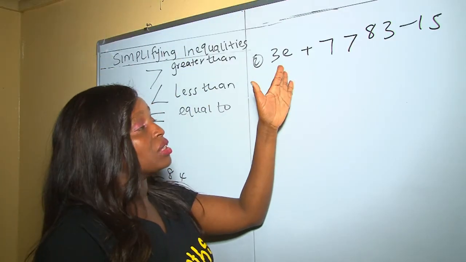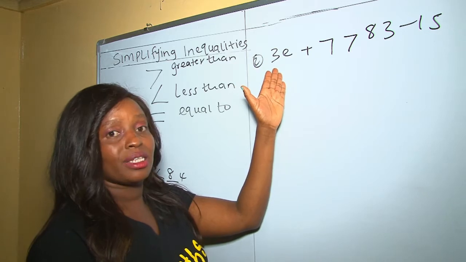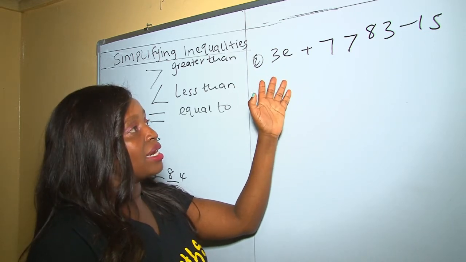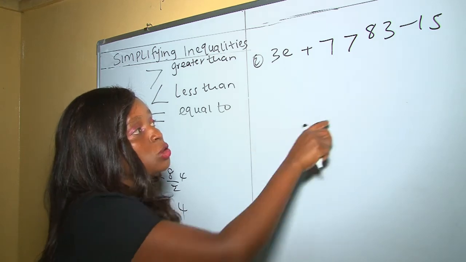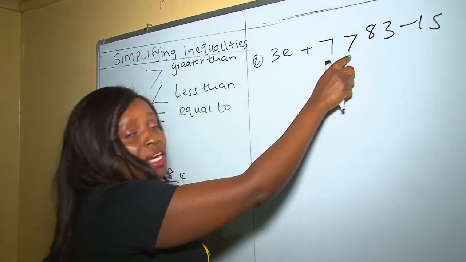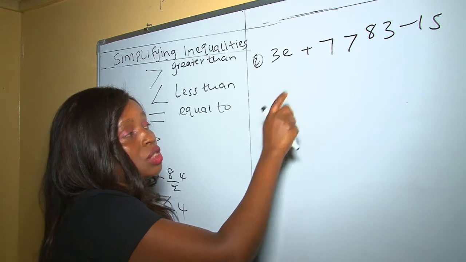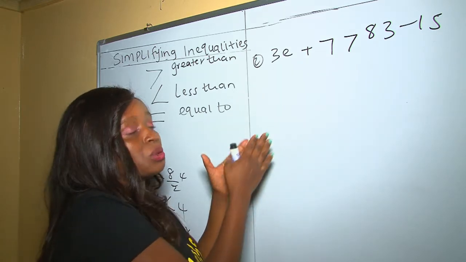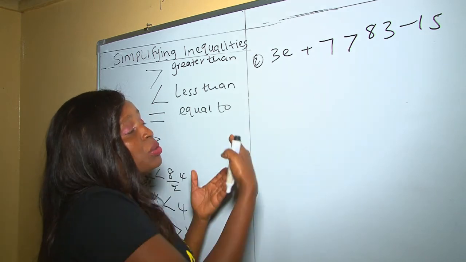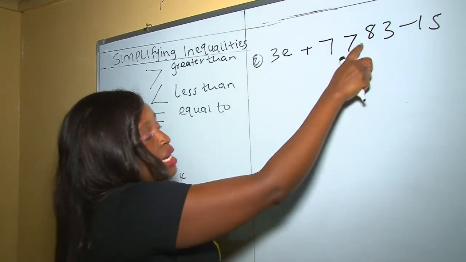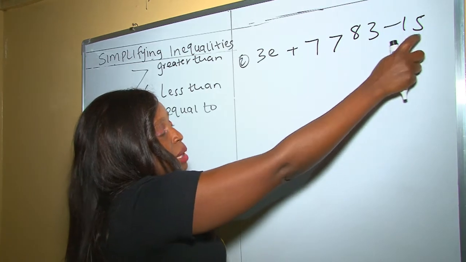Here, to work out this question, you need to adhere to the rule of algebra, that is, joining the like terms together. At this point, you make sure that the symbol here remains the same. Don't change it. Just put like terms together without changing the symbol. So let's try putting like terms together. As you can see here, it's 83 take away 15.